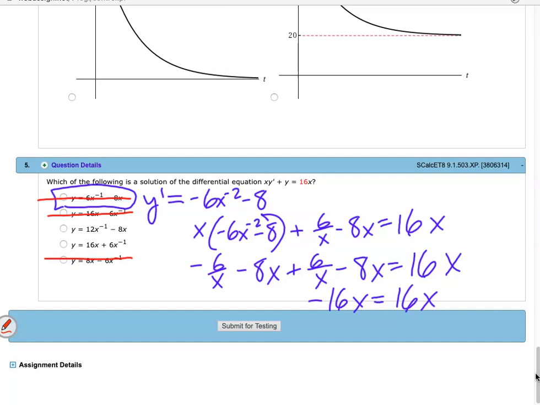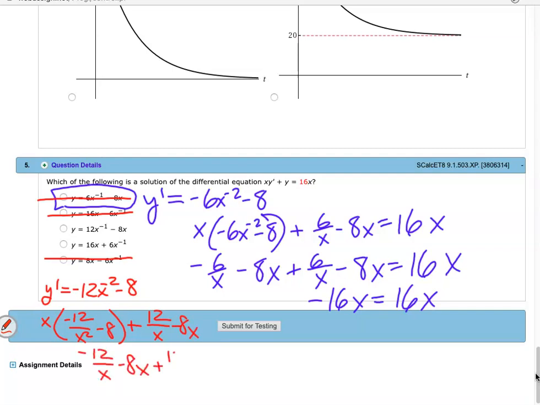All right, let me try. Are you guys working on these? Again, I'm getting a negative 16x.